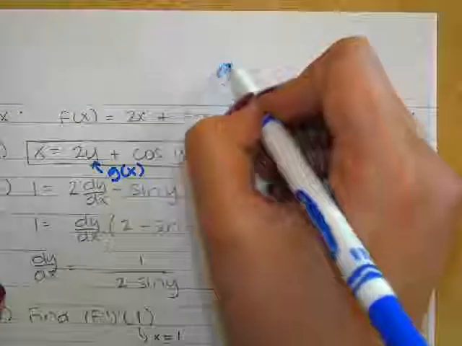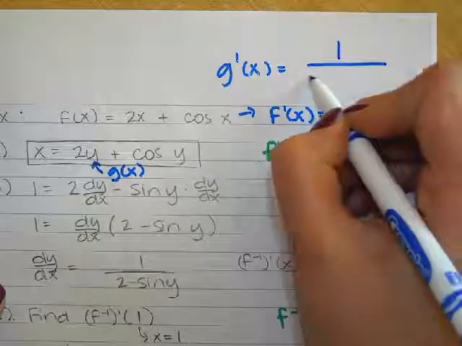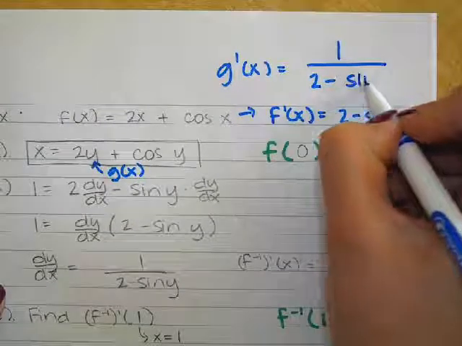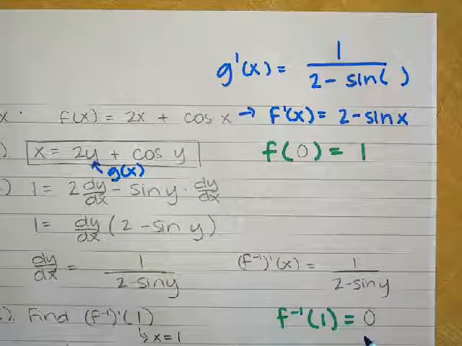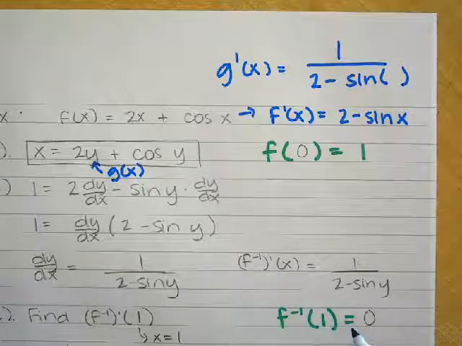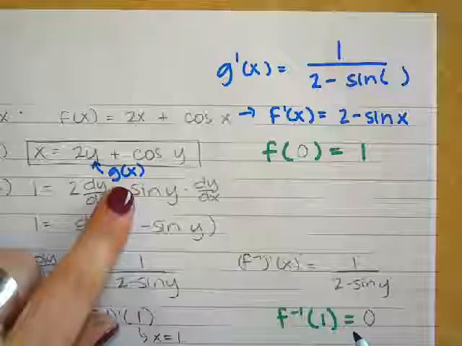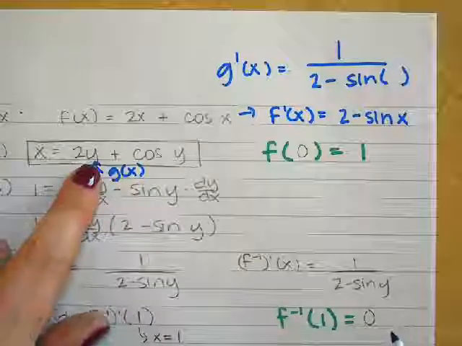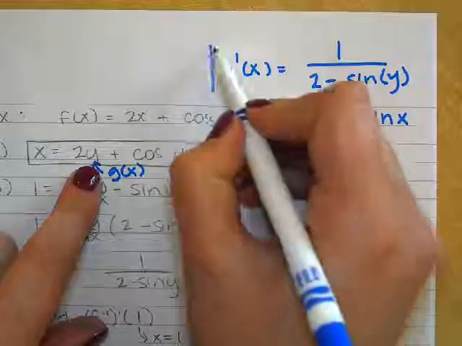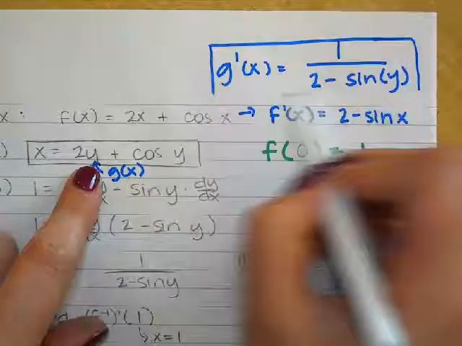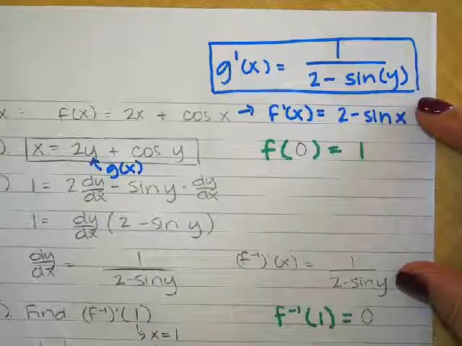And so my g prime of x is going to be 1 over 2 minus sine, and I'm leaving a blank where my x was. And then in the blank, I go back and I plug in my g of x, which is y. And I'm done. It's so much easier. And then when we compare, we see it's the same answer.